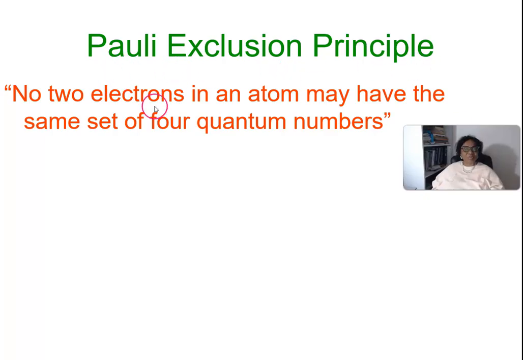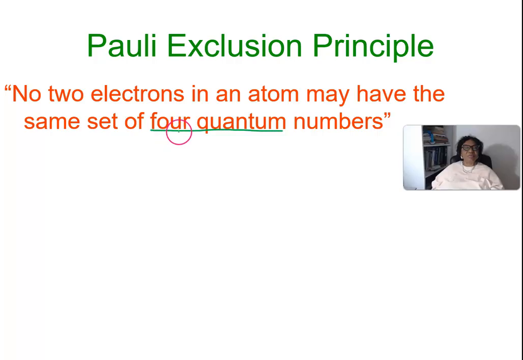Pauli's exclusion principle states that no two electrons in an atom may have the same set of 4 quantum numbers. We know them from chapter 7.